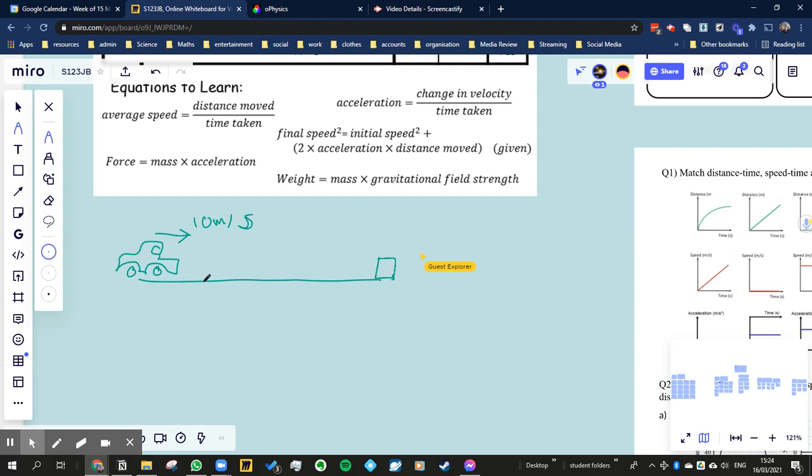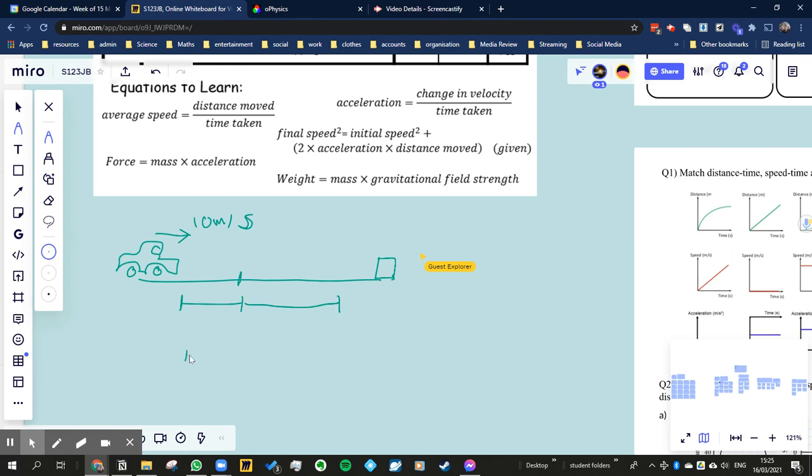So eventually it puts on its brakes, but it doesn't put on its brakes straight away because he has to react to it. Let's say at this point here, he sees the object, but it travels a short distance before eventually reacting and putting on his brakes. And then he travels a little bit further before his brakes finally come to a stop.